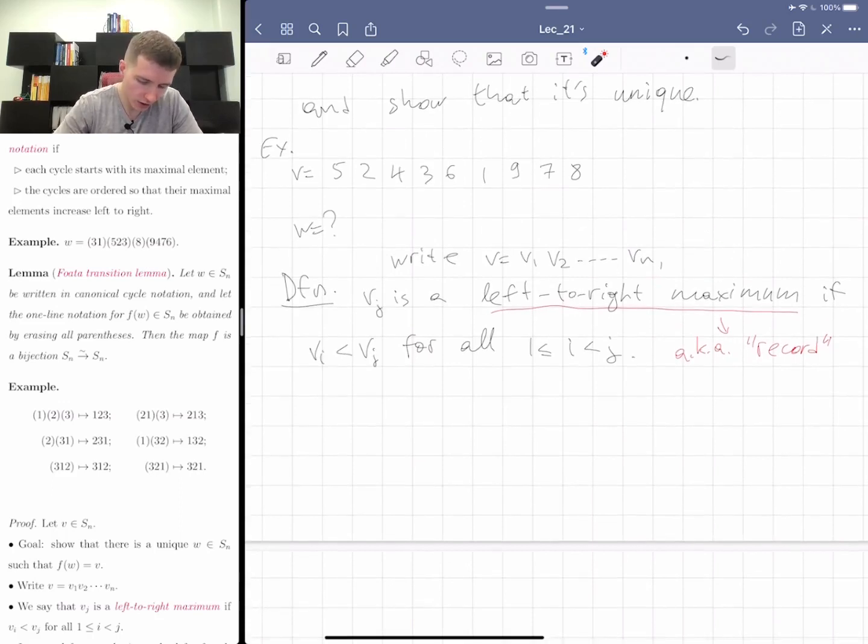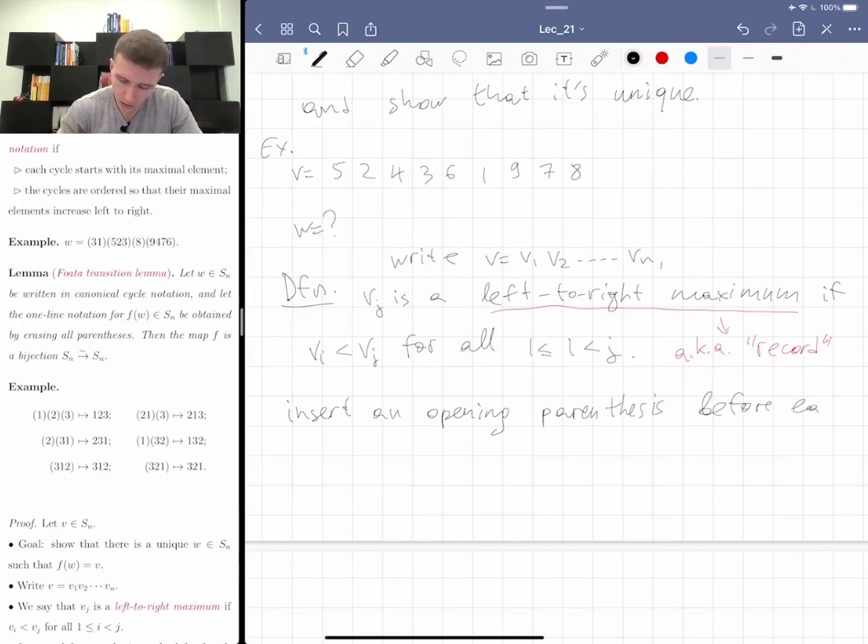The crucial observation is that the description here makes sure that the first element of each cycle is a left to right maximum. So what you do is you just insert an opening parenthesis before each left to right maximum.